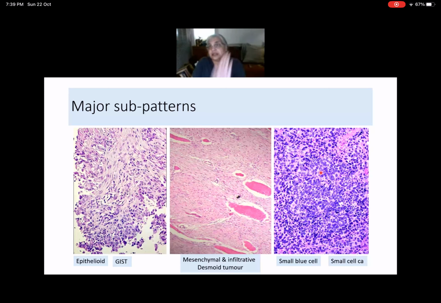Have you understood that? I think I've made it abundantly clear that epithelioid doesn't mean that it has got epithelial derivation. It can be a sarcoma, it can even be a lymphoma. Mesenchymal pattern doesn't mean that it is of mesenchymal derivation. It is only composed of cells that are spindly or stellate.